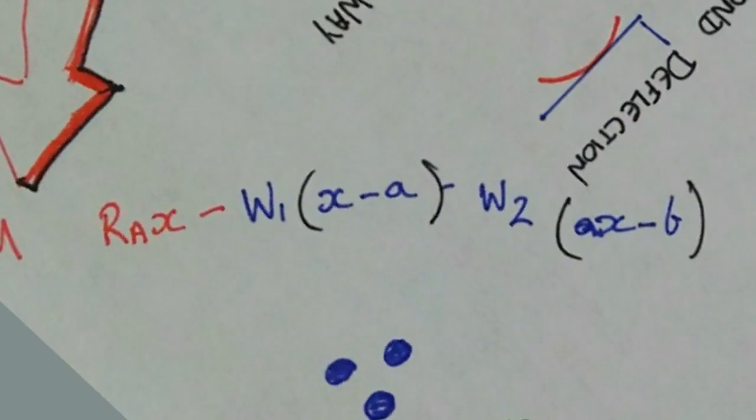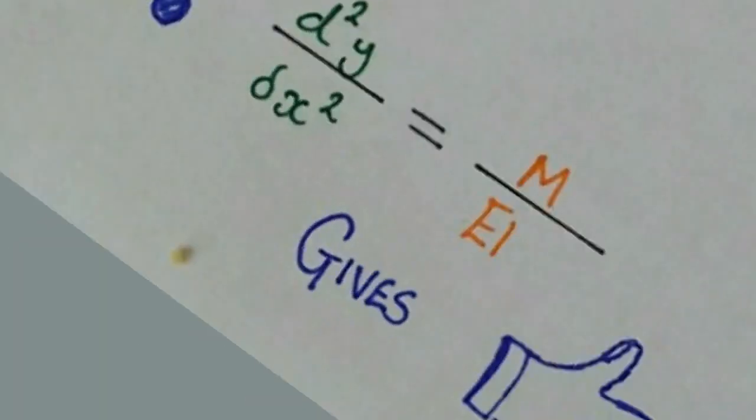We then move forward, so moments equal the right hand end reaction times x, minus the force of W1 times x, which is basically the length minus a, minus the second force, the point load acting on the beam, times x, which is also the length minus b.